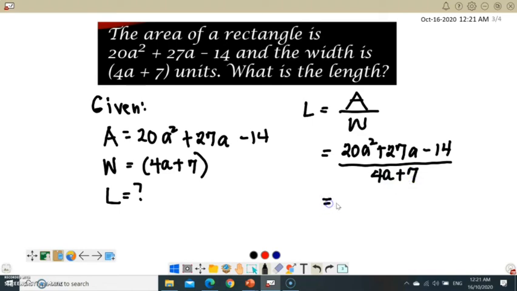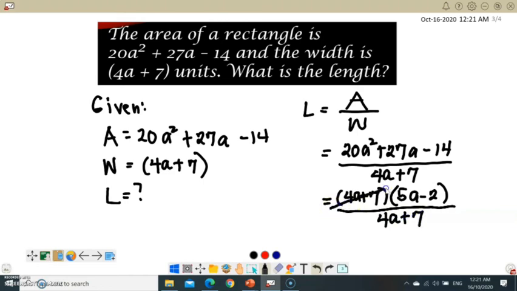So to simplify, we need to factor the area, which is equal to 4a plus 7 multiplied by 5a minus 2 over, copy denominator, 4a plus 7.